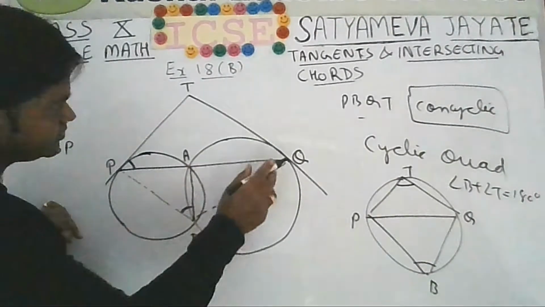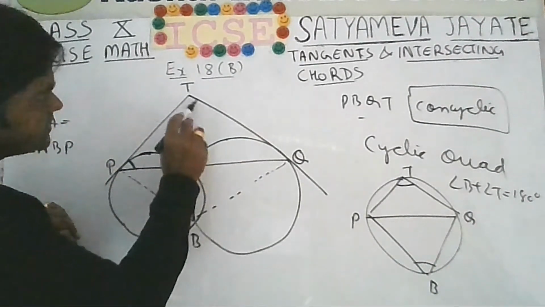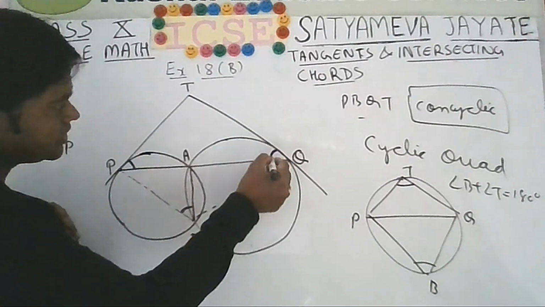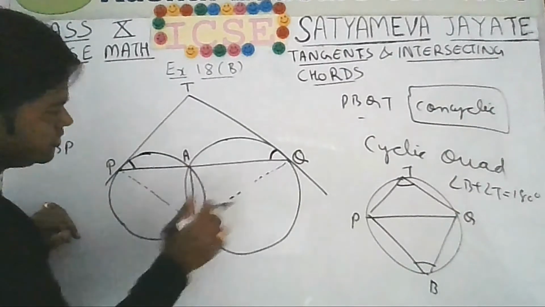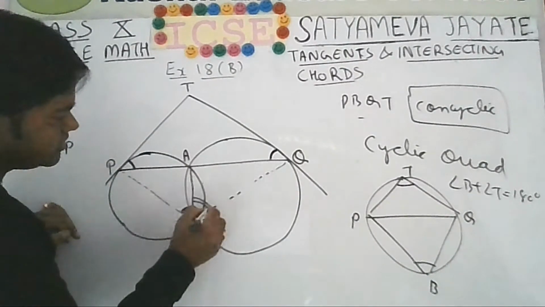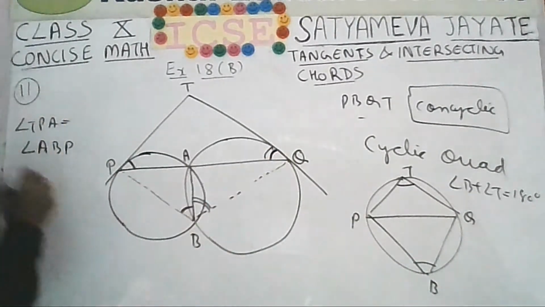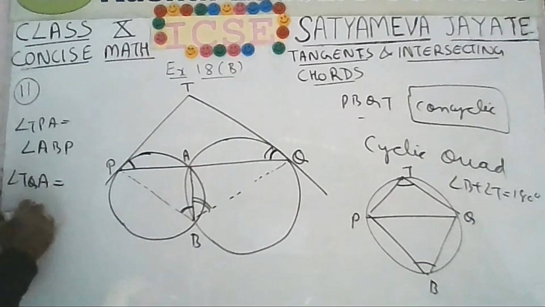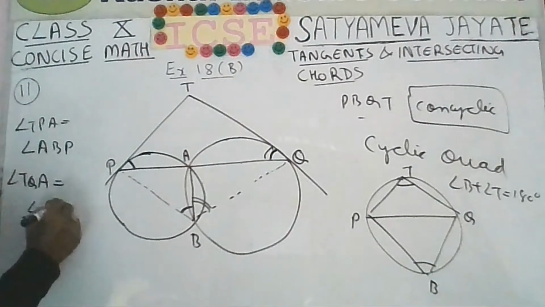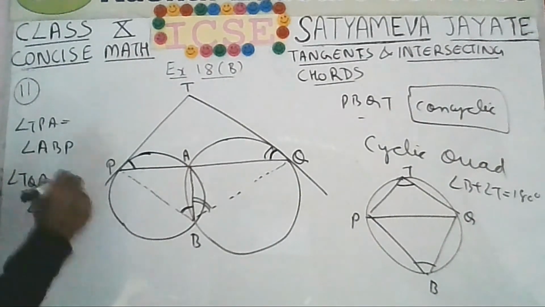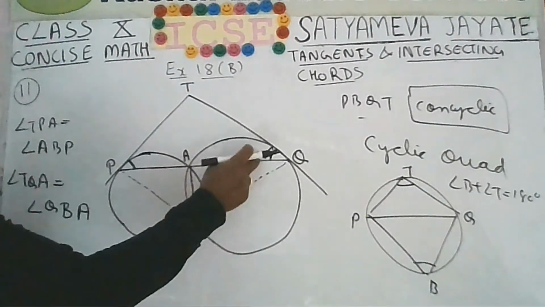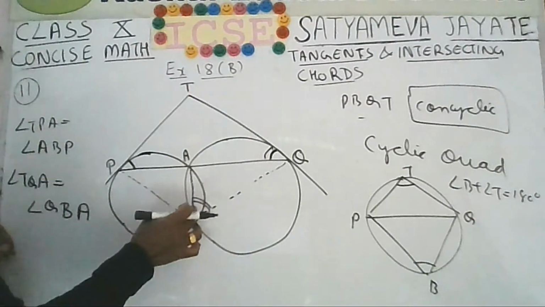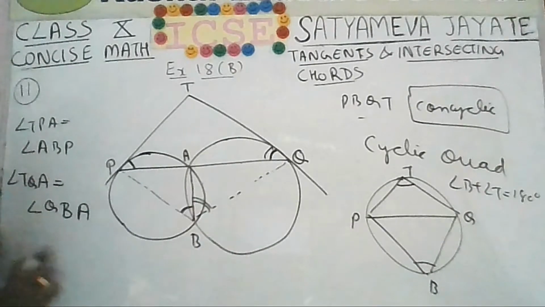Similarly, if you look here, this angle TQA, that is the angle between the tangent and the chord for the other circle, will be equal to this angle, isn't it? What can you say that angle TQA will be equal to angle QBA. These two angles will be equal. Angle subtended by AQ in the other segment, that is angle ABQ or QBA.